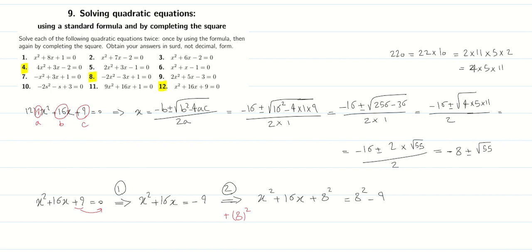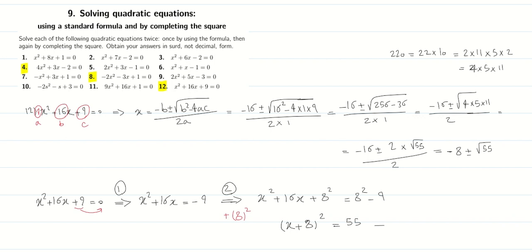And as you see in here, the left hand side is a perfect square trinomial, and it can be written as x plus 8 squared. And the right hand side is 64 minus 9, which would be equal to 55.